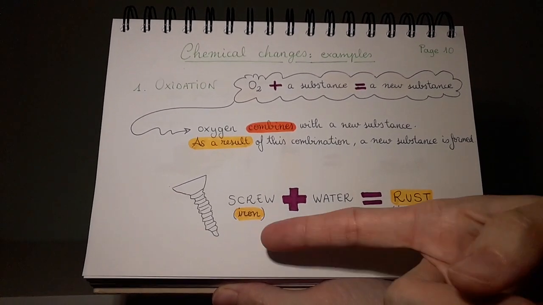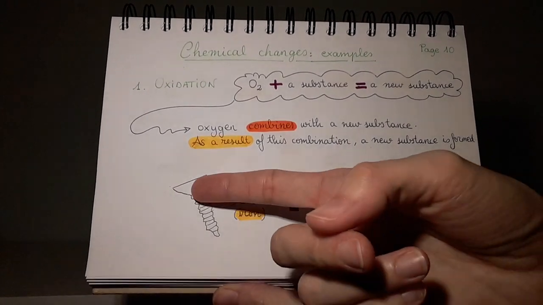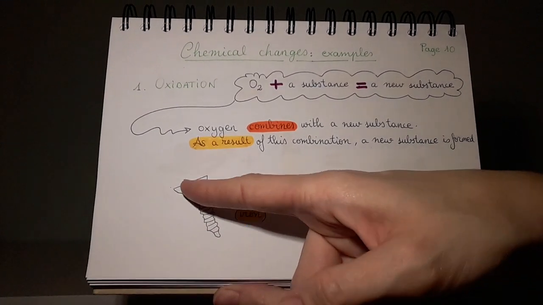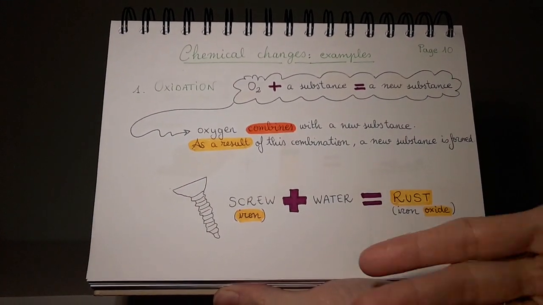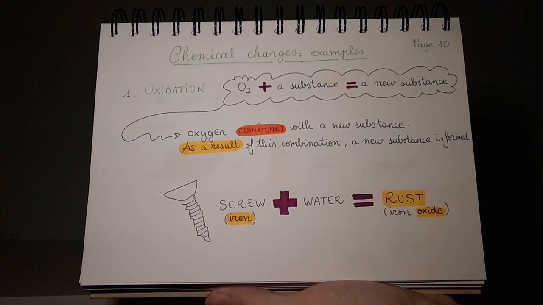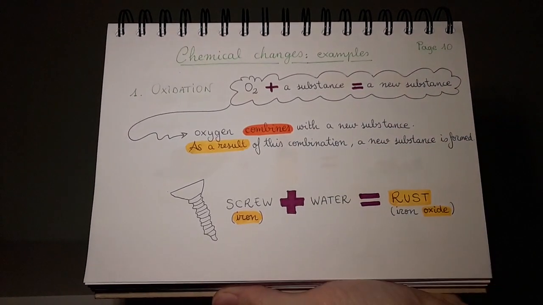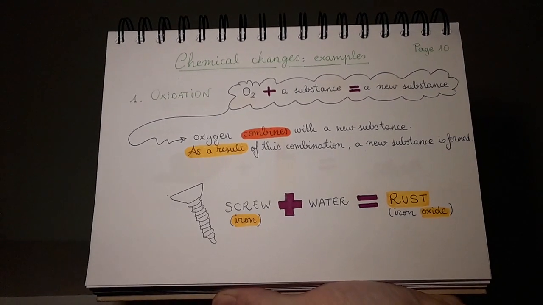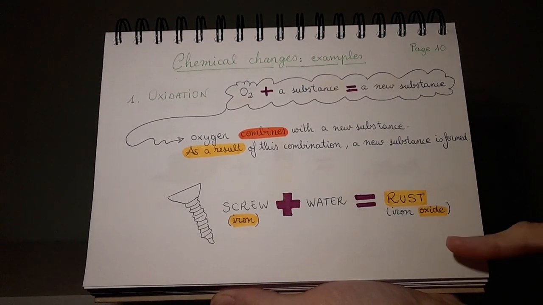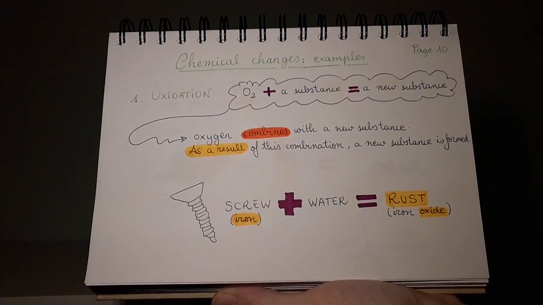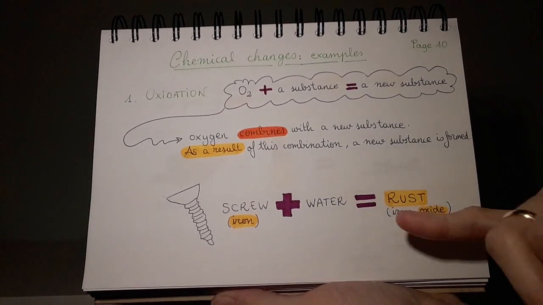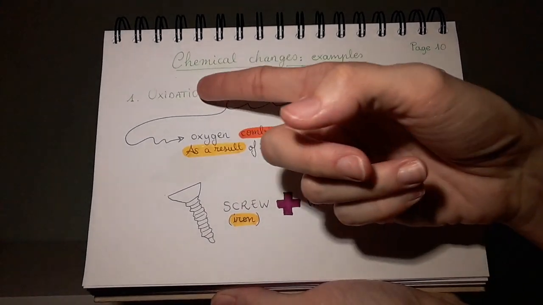For example, here we have a screw, or a piece of iron. If we mix it with water, then we have rust or iron oxide, okay? So this is one example of oxidation.